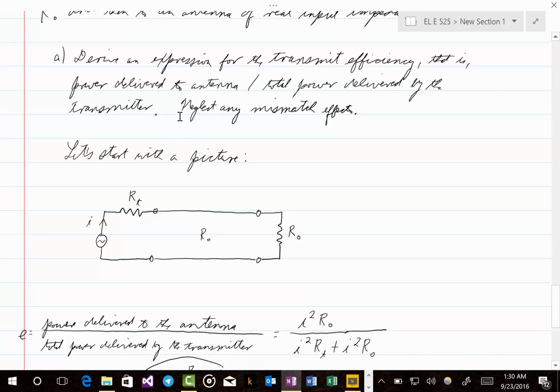And furthermore, let's talk a little bit about this statement, neglect any mismatch effects. Since the characteristic impedance of the transmission line is R naught, and the input impedance of the antenna is R naught, that's why we would expect to have no reflection of energy from the antenna back to the transmission line.